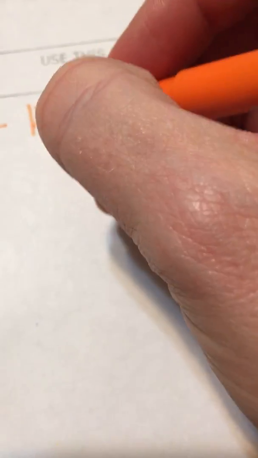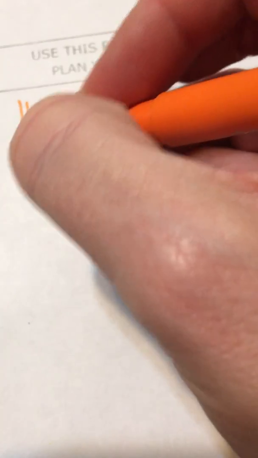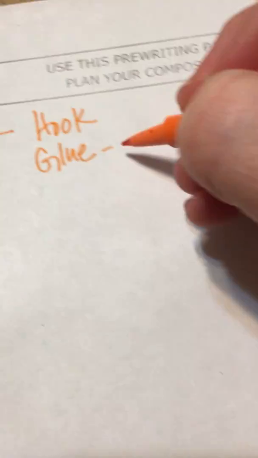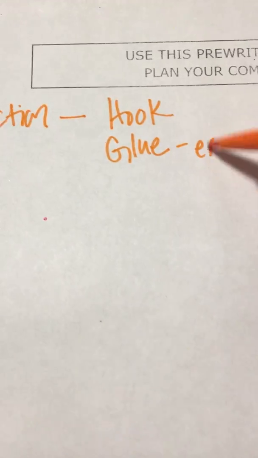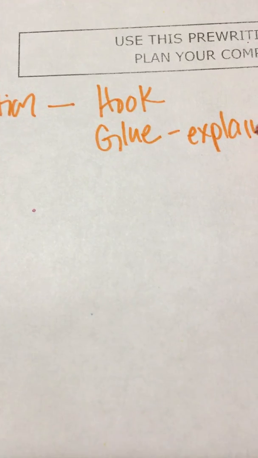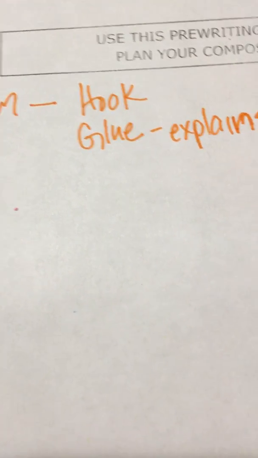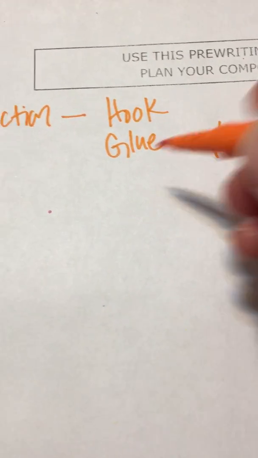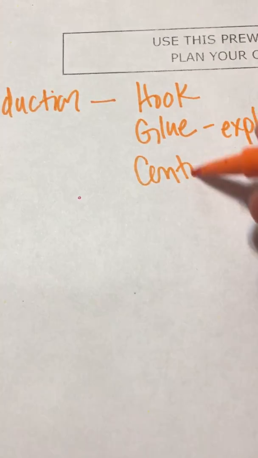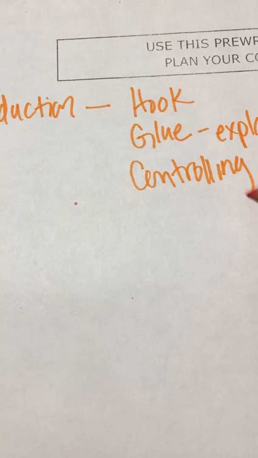Is going to be made up of your hook, your glue, which explains your hook, and your controlling idea. Okay?